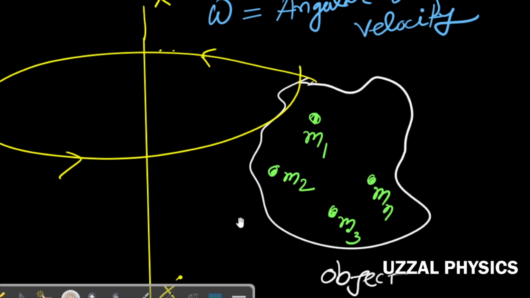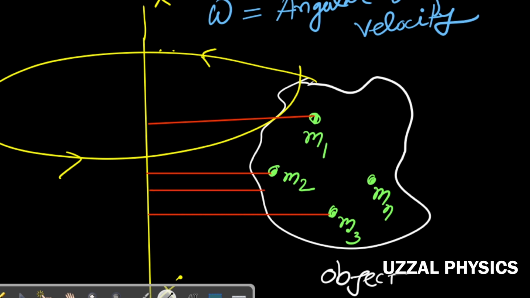Every particle's rotational path will be different. Suppose this is the perpendicular distance for m1, this is the perpendicular distance for m2, for m3 this is the perpendicular distance, and for mn this is the perpendicular distance.